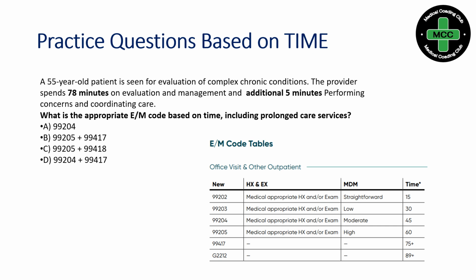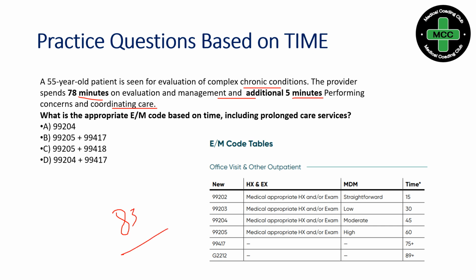So next question here, a 50-year-old patient is seen for an evaluation of a complex chronic condition. The provider spends 78 minutes on evaluation and management and additionally 5 minutes performing counseling and coordinating care. 78 plus 5 minutes, so you will be getting around 83 minutes.